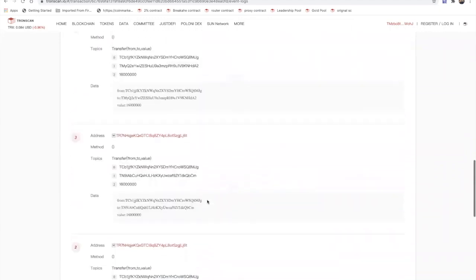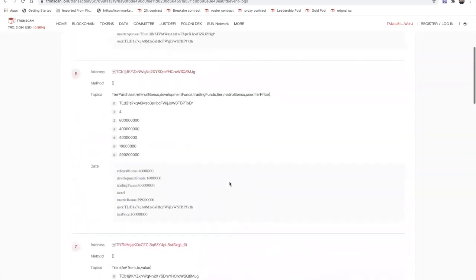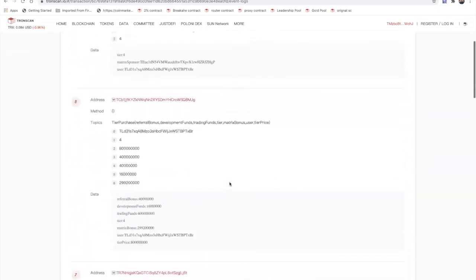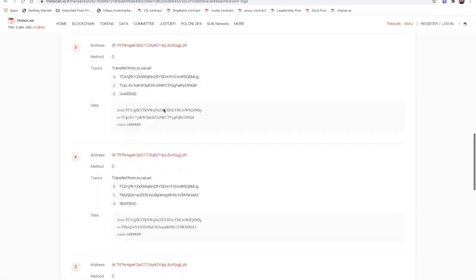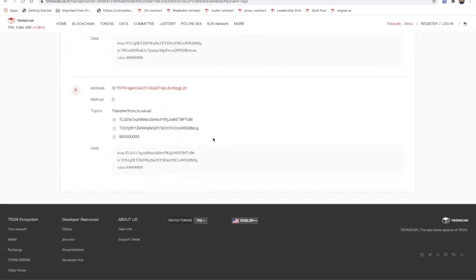This must not have been a tier 1. Yeah, this was a higher tier. Here it tells us right here, tier 4, I think this was. Yes, tier 4, you can see there.